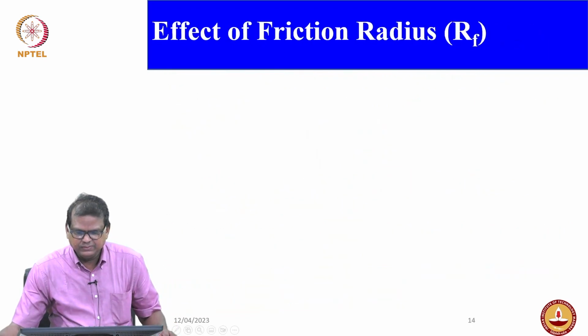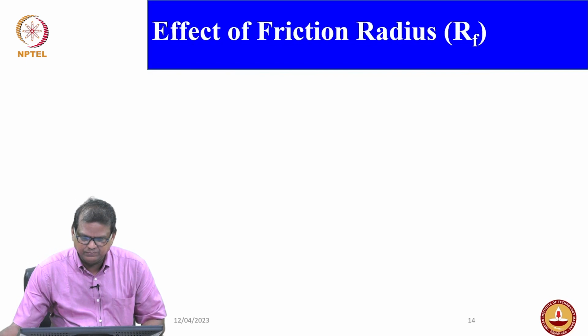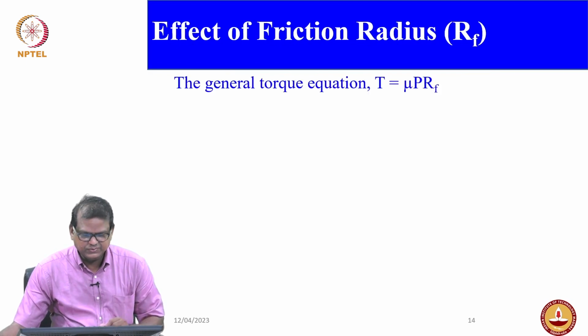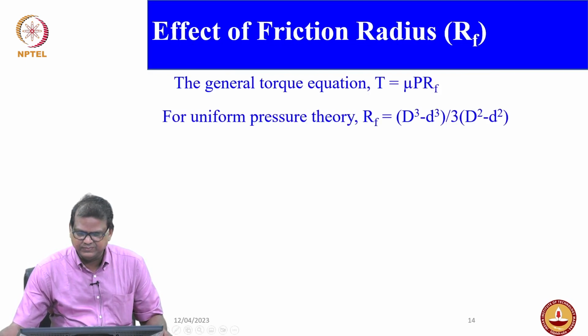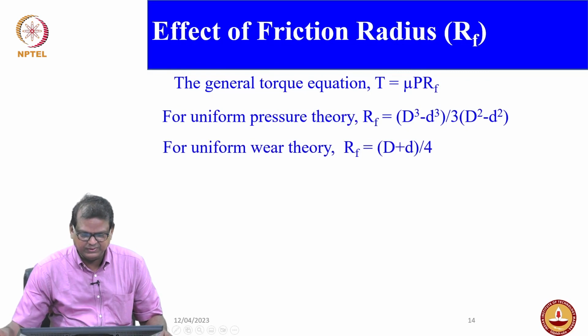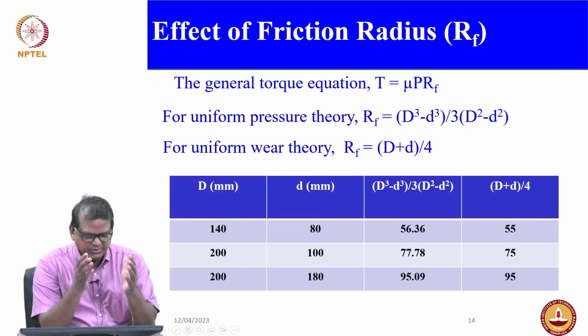Right. So, now I am going to give a little bit of a scenario. This is the general equation, which we already know, and this is for the uniform wear theory, both I have given. Now, I am giving smaller values.